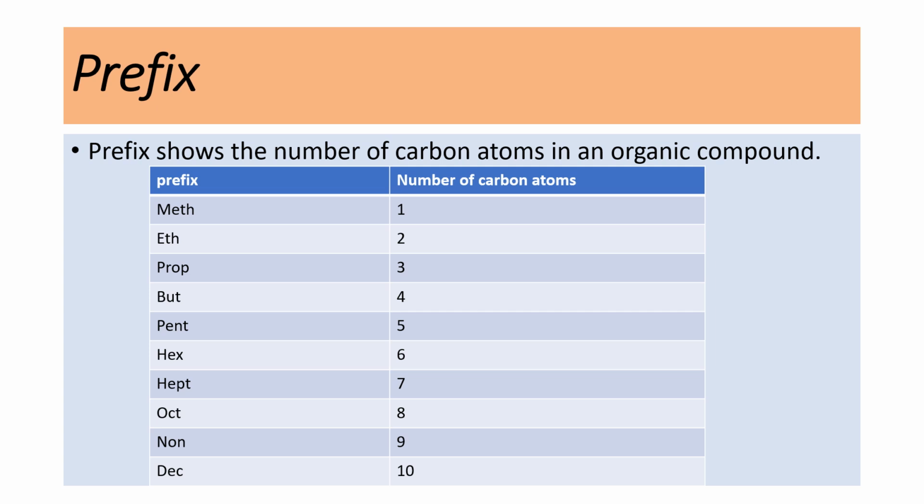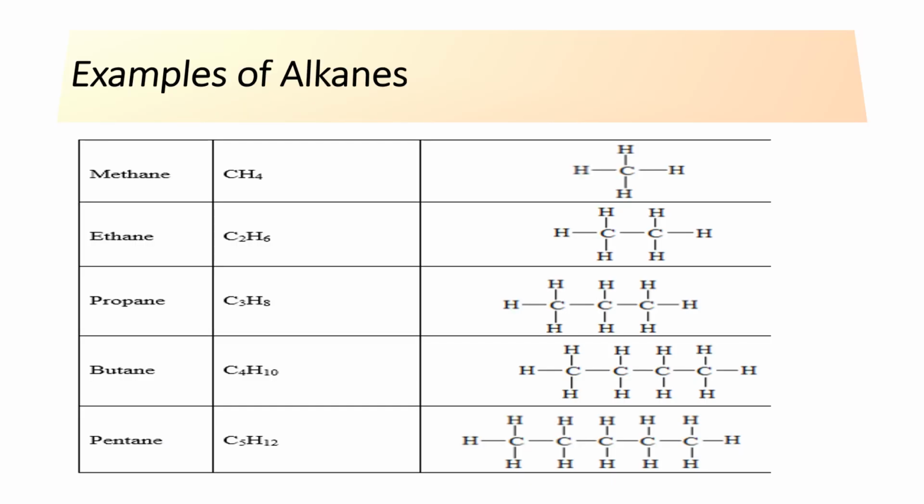As for today, we concentrated on alkanes. Some other time we'll look at other families like alcohols, esters, carboxylic acids, and so on. So this is a table of the prefix. Make sure that you understand it. Here are the first 5 examples of alkanes.